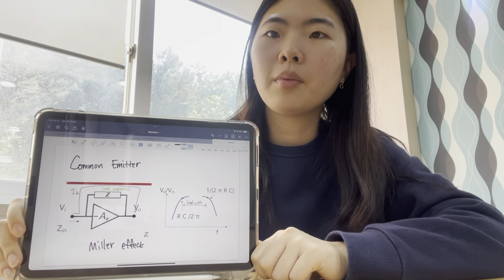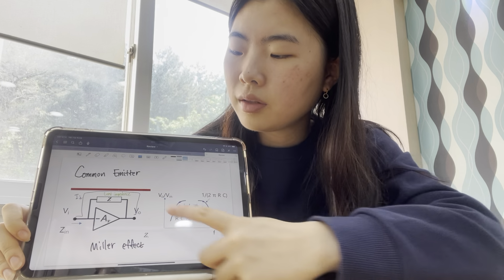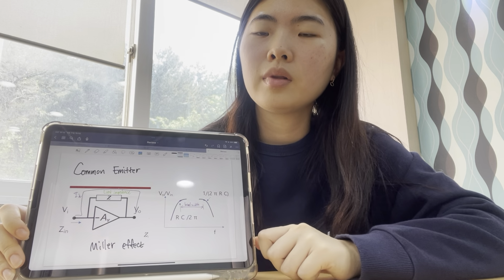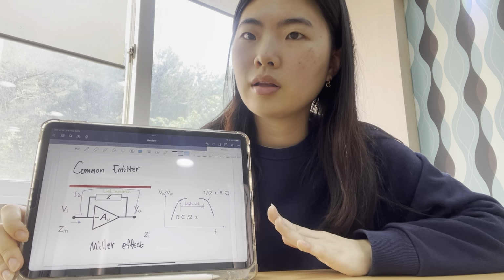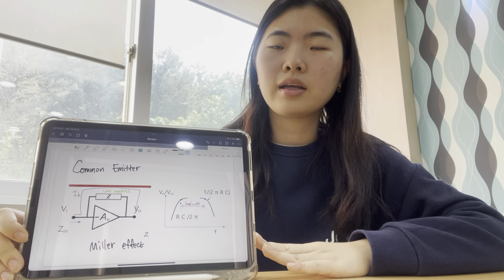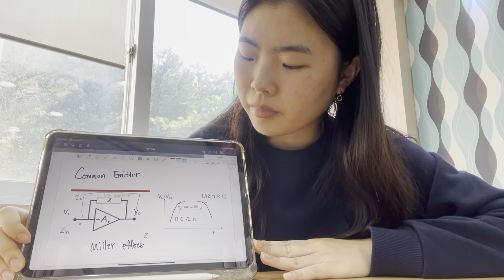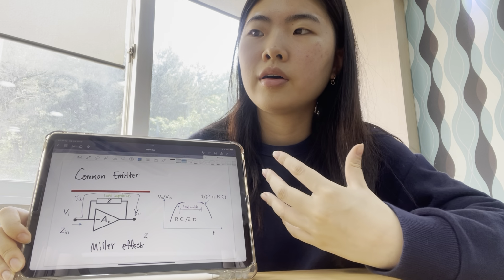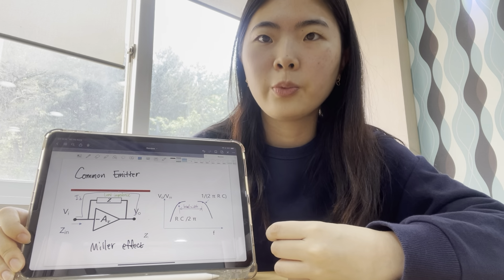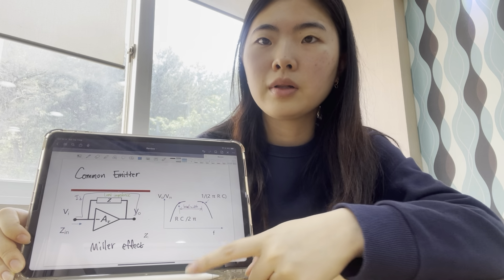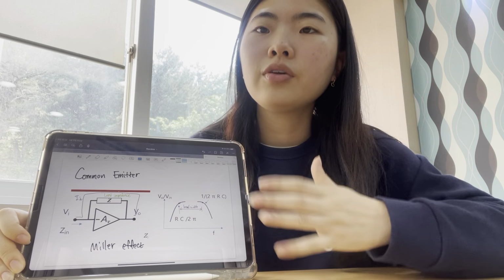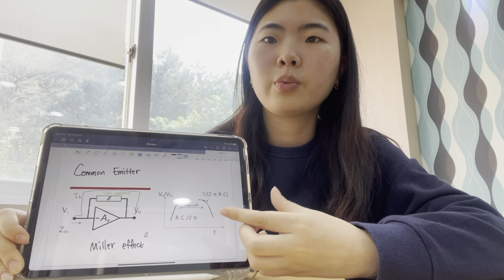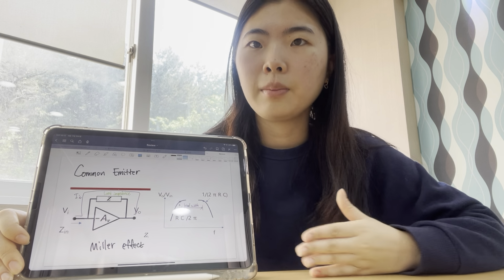This is the common emitter. In the common emitter, the Miller effect happens. This Miller effect influences the bandwidth. Because of the Miller effect, the bandwidth has a limit.